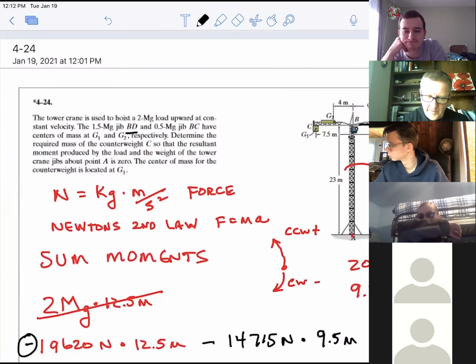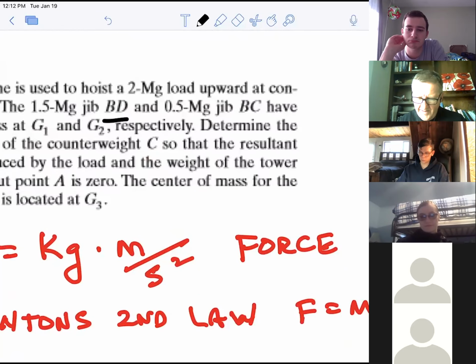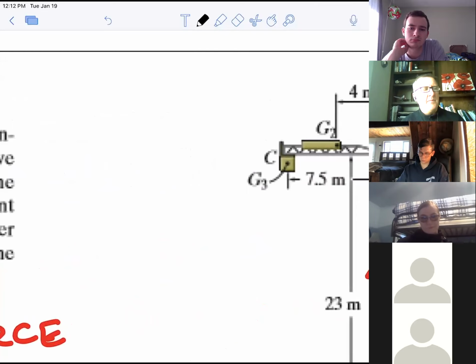Keep going. What else do I know? And the 0.5 megagram jib BC. Wait, I thought we already knew what the jib is. BC. Oh, BC, that's the left side. So that's the same material. It's just another extension. It's kind of the horizontal version of that crane. So is that G2?